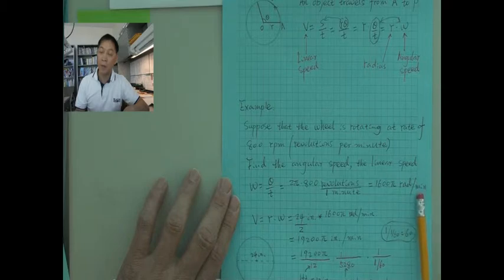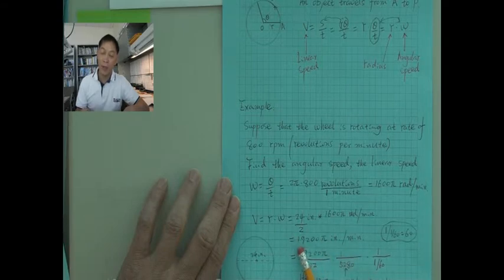Each minute it travels this many radians, which is very big. So 24 divided by 2 is 12, and the radius is 12 times 1,600 pi.